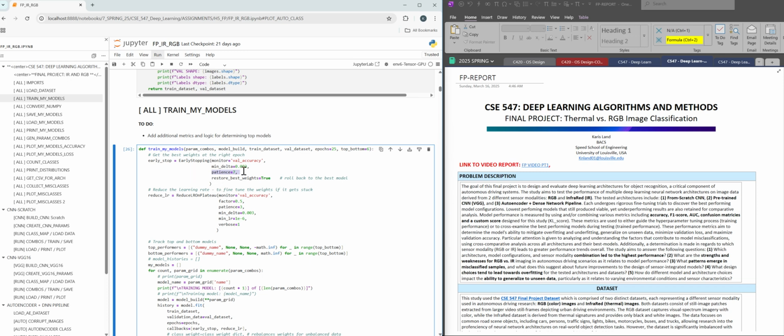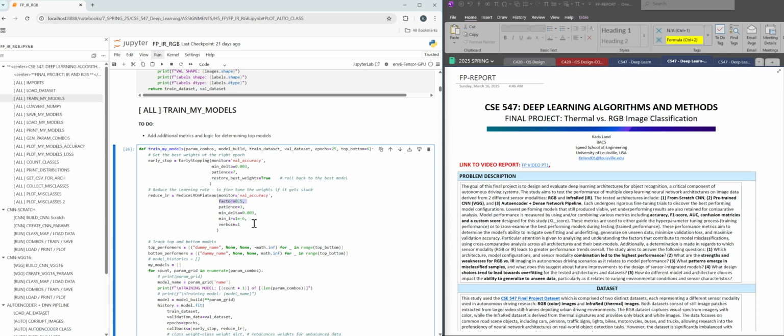If it hasn't done that, then it stops early. But before it gets to that point, every 3 epochs, it also checks to see if it's increased by 0.003.